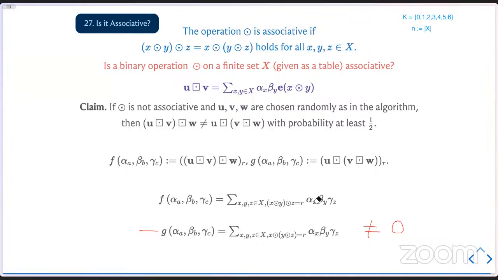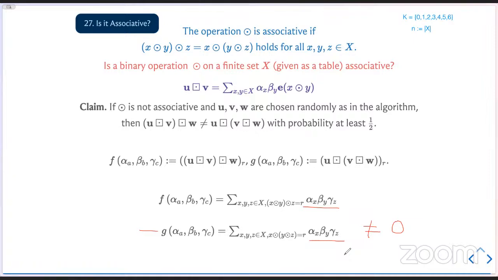We know it's non-zero because XYZ was a violation of non-associativity in the circle operation, so this polynomial does not collapse. But the bad event is that we have picked values for these 3 random variables in such a way that we have hit a zero of this polynomial. But a degree 3 polynomial, with values picked from a choice of 6 values, right?